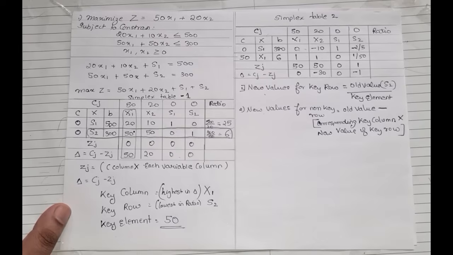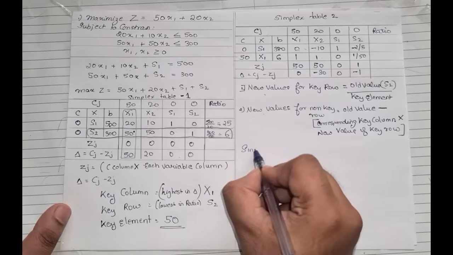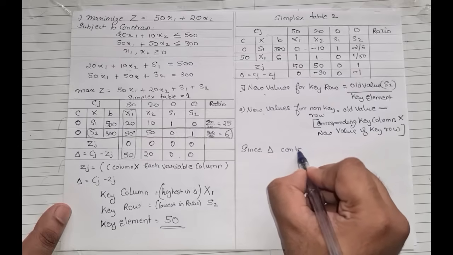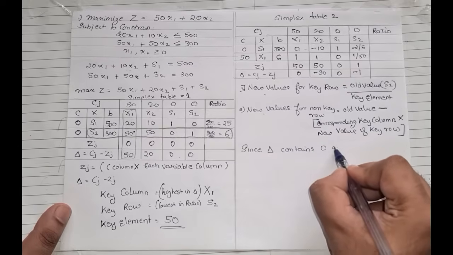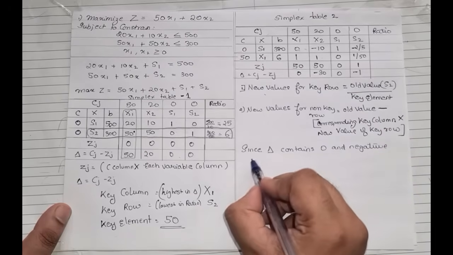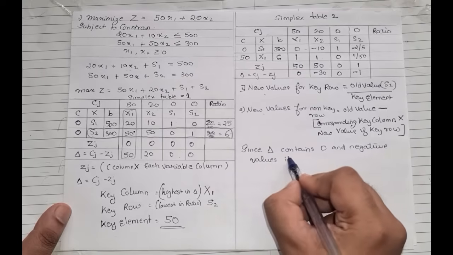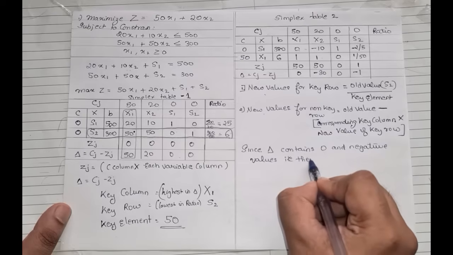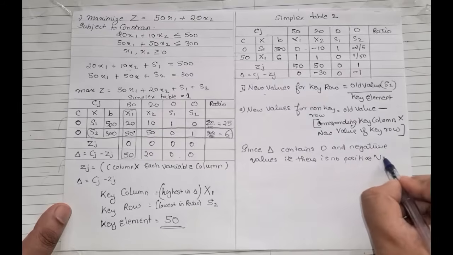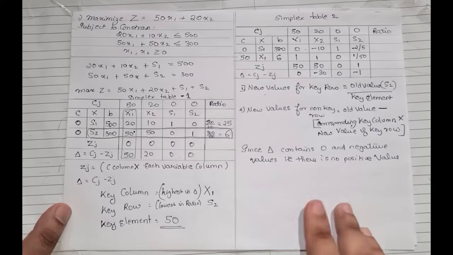I'll just note down that rule here. Since the row contains 0 and negative values, that is, there is no positive value, meaning your last row has to be either 0 or negative.